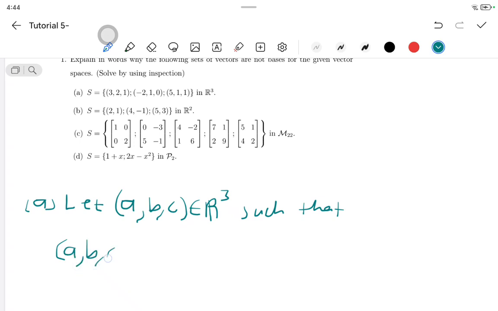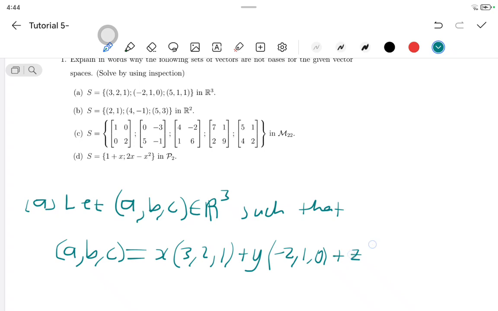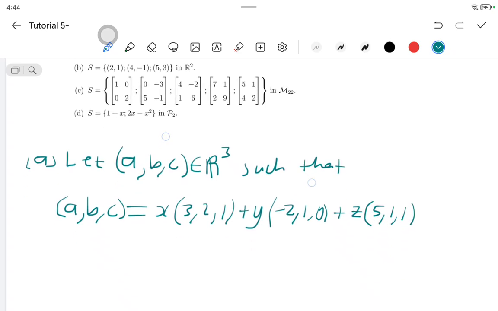So from here, we let this be an element of R3 such that this vector can be expressed as a linear combination of these ones together with their coordinates, meaning their scalars. So we say this would be x(3, 2, 1) plus y(-2, 1, 0) plus z(5, 1, 1). Right?